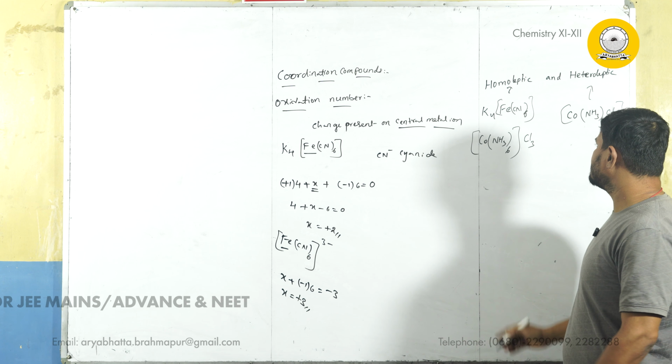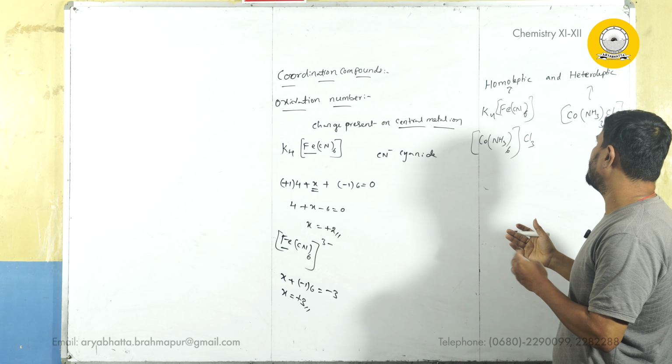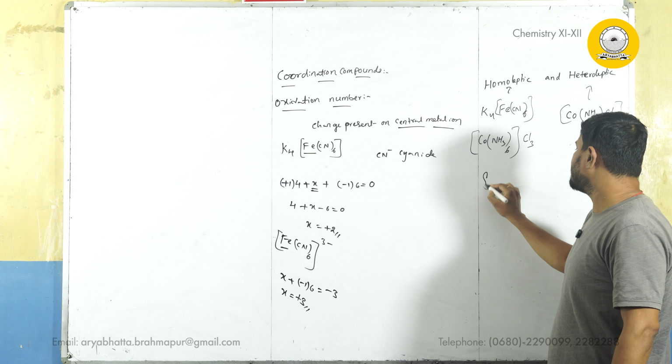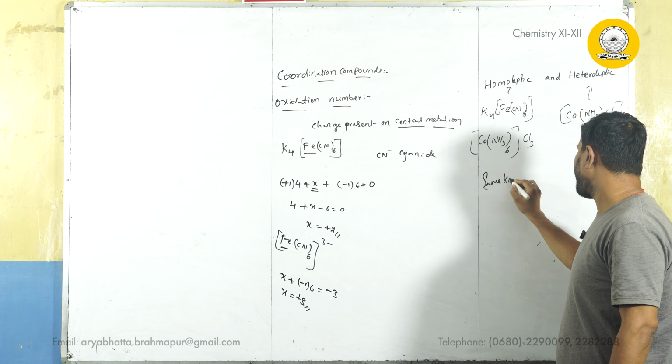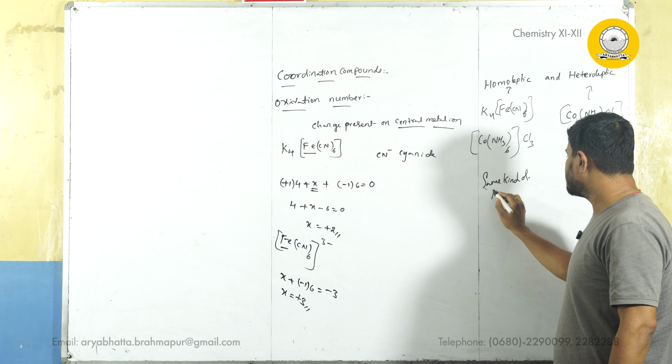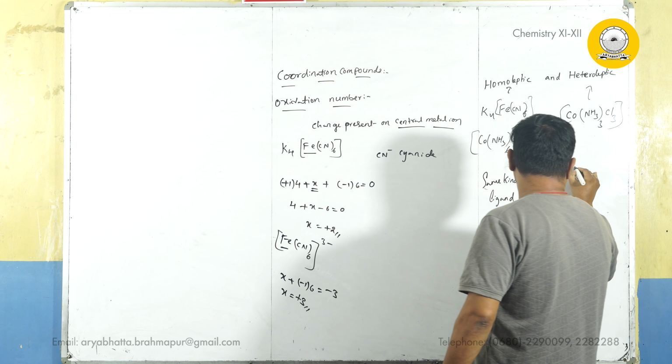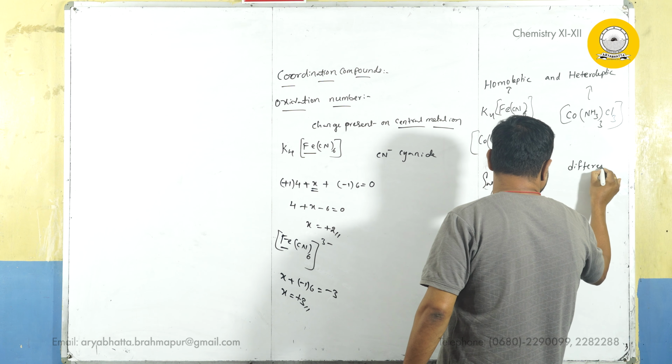What is the difference between homoleptic and heteroleptic? Homoleptic means the same kind of ligand. Heteroleptic means different kinds of ligands.